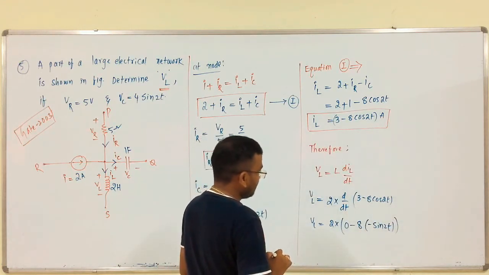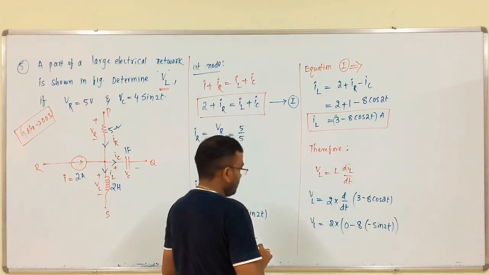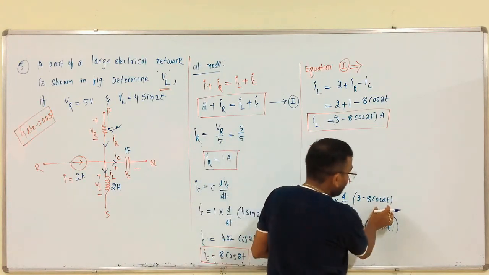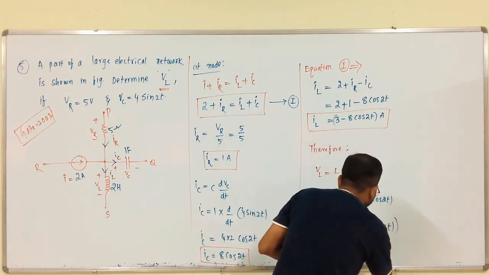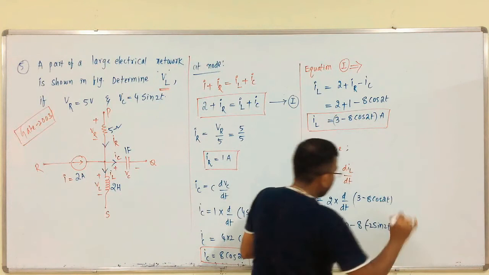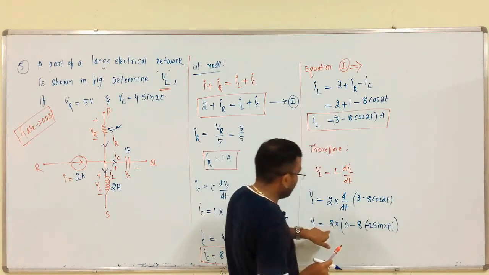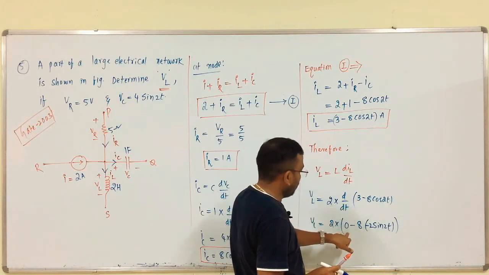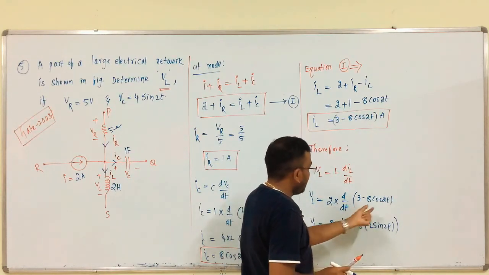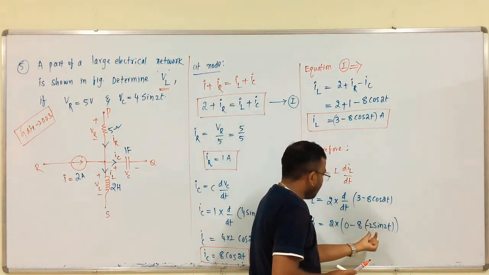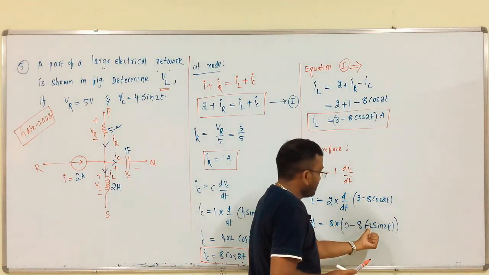Cos 2t differentiation is minus 2 sin 2t, right. So, 2 is constant, differentiation of the constant is 0, minus 8 is constant, cos 2t differentiation is minus 2 sin 2t.